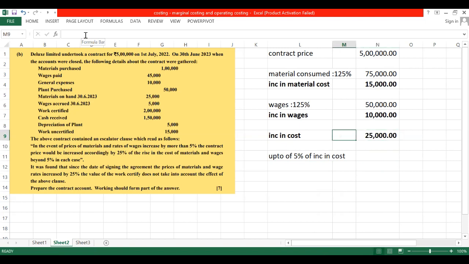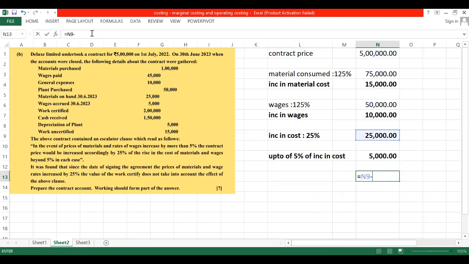So what is this increase in cost? This increase in cost is for how many percentage? 25%. So what is the 5% here, into 5 by 25? 5,000. So up to 5,000, there is no impact on our contract price.